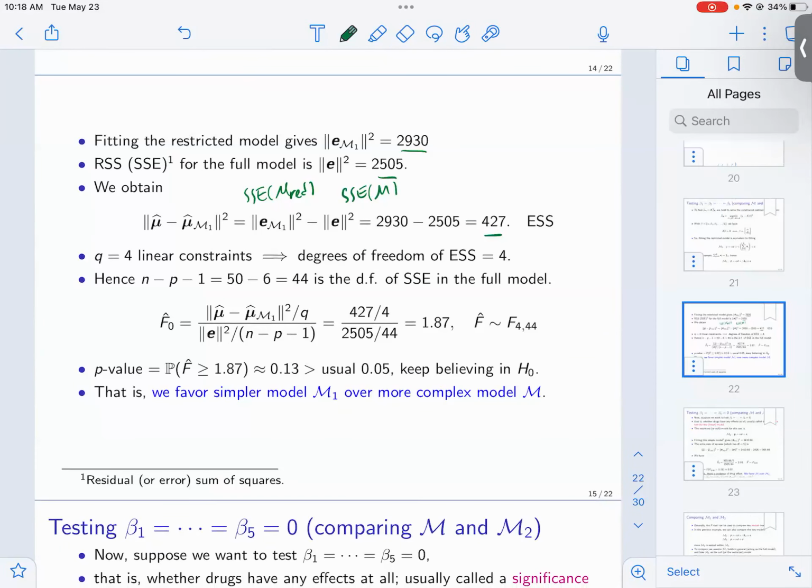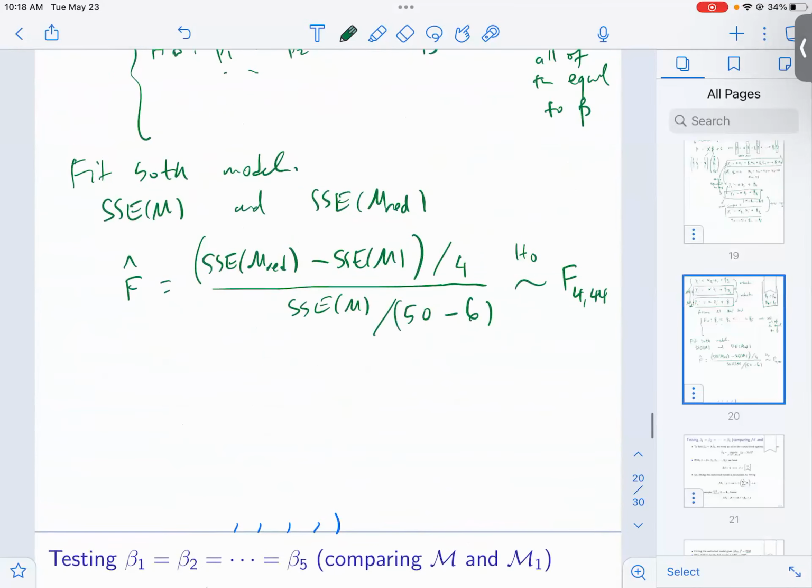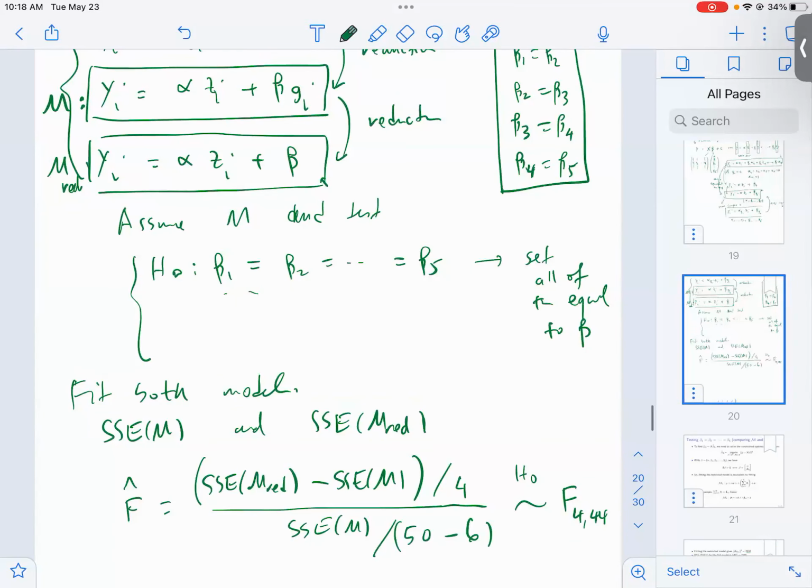Okay? So for the reduced model, we just assume that all the betas are not equal to 0. Yes, that's the hypothesis that we want to test. So the question is whether the drugs have the same effect.